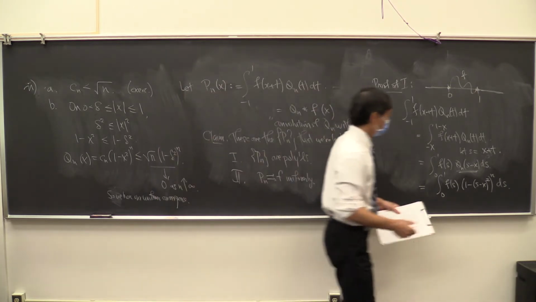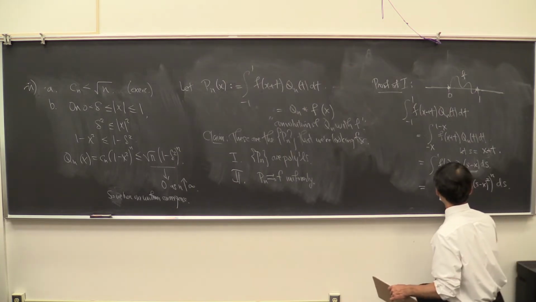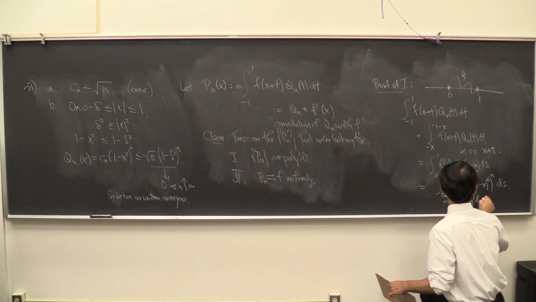But you see what we're going to get here. This is going to be a polynomial in x, because all you're going to get is some powers of x in there, and there'll be some constants on it because you integrate over s. But that's just going to give you some constants multiplying the powers of x. So this is going to be a polynomial in x.